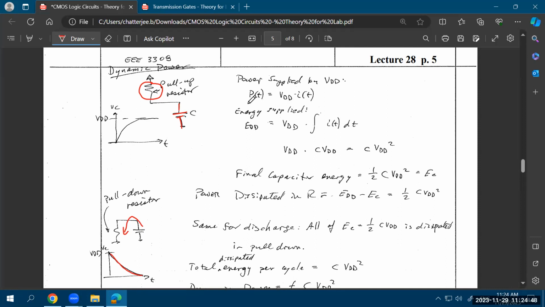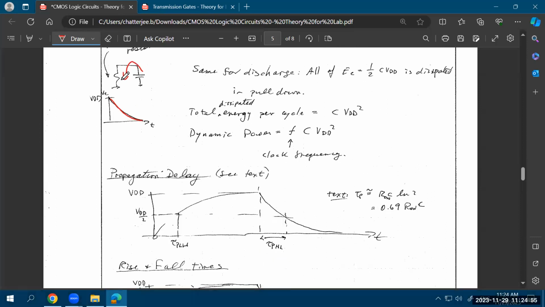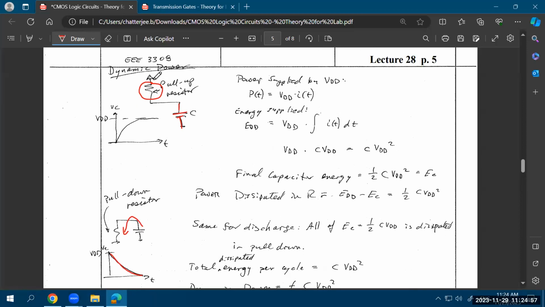When you are charging, you will charge through this RC network, and when you're discharging, you'll discharge through this RC network. At the same time, because you have this finite resistance, which is modeled by the on resistance of the PMOS device, because you have this pull-up resistor, and you know a resistor consumes power.